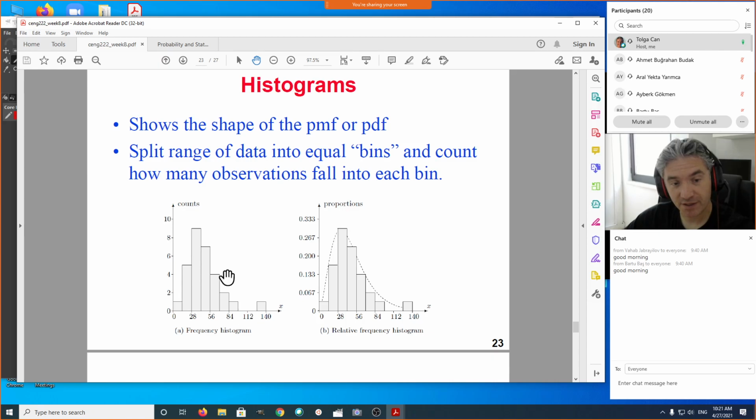If you have a shape like this, you can normalize the area under the curve to be 1. For example, you may try to fit an exponential distribution on this one and make the area under it 1, which lets you infer the parameter lambda of that exponential distribution, if you think it fits this data well.